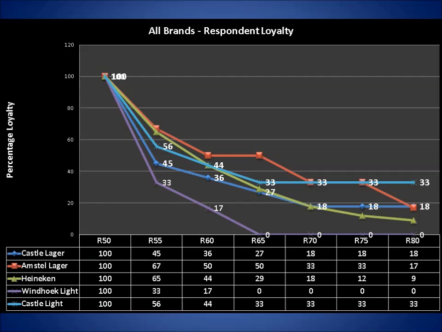When we then increase the price, how many of those would still buy? And the main point that I want to show you here is brand loyalty curves differ dramatically. Windhoek Light, for instance, will only have 33% of its so-called loyal brand preference remaining loyal, whereas Amstel Lager will have 67%.